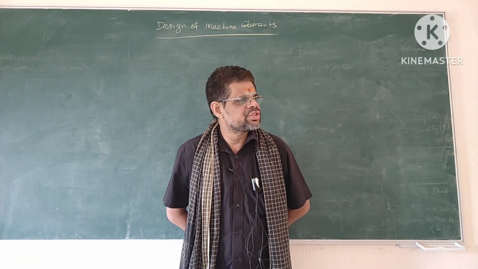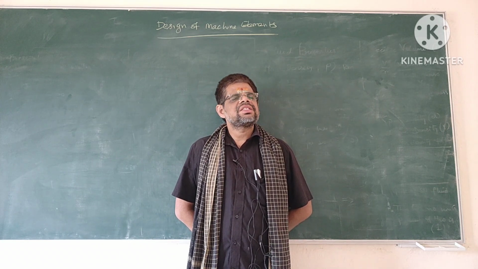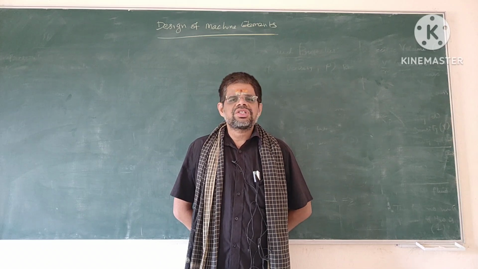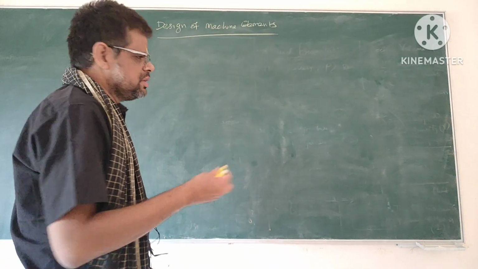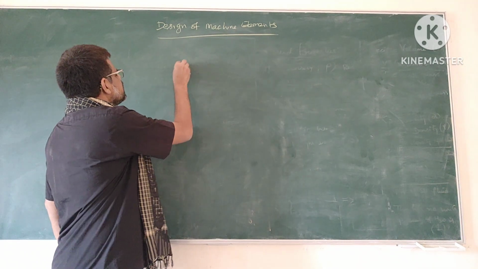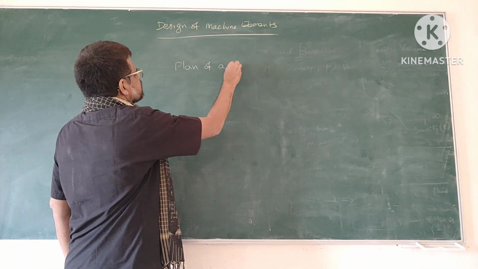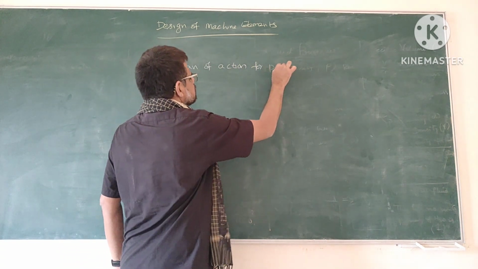For example, if you take a shaft, here simply the design can be defined as a plan of action for the production of a machine element. So it is nothing but a plan of action for production.